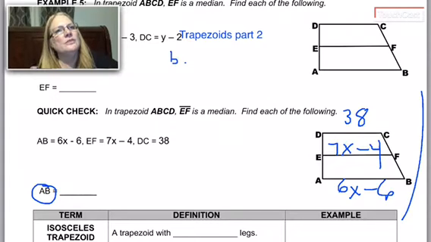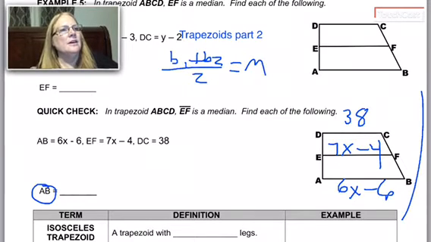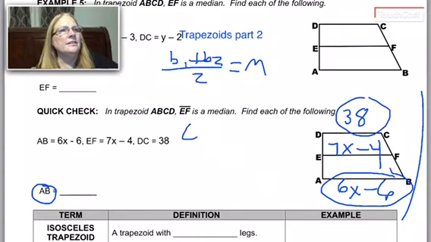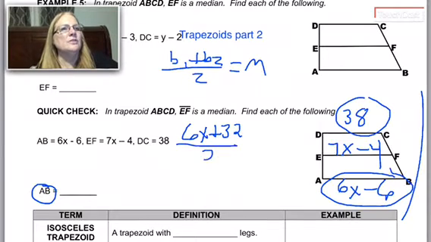So the formula is base 1 plus base 2 divided by 2 equals the median. So we added 6x minus 6 and 38 and got 6x plus 32 divided by 2 equals 7x minus 4.